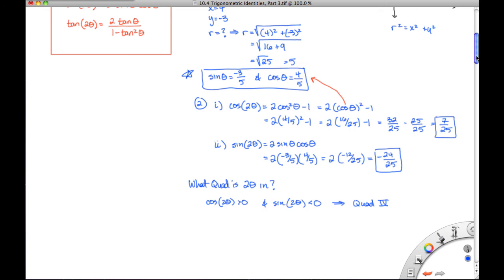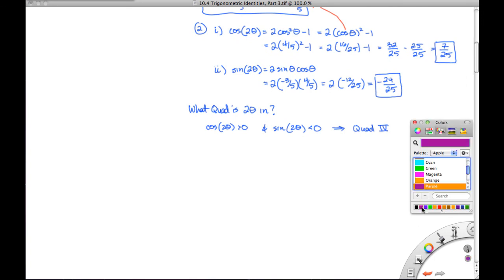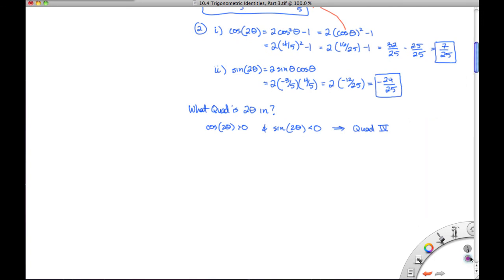The one that I'm going to have you try next might be a little bit tricky, but I think you can handle it. So let's try this one for next one. Let's suppose that the sine of theta is equal to negative 12/13.